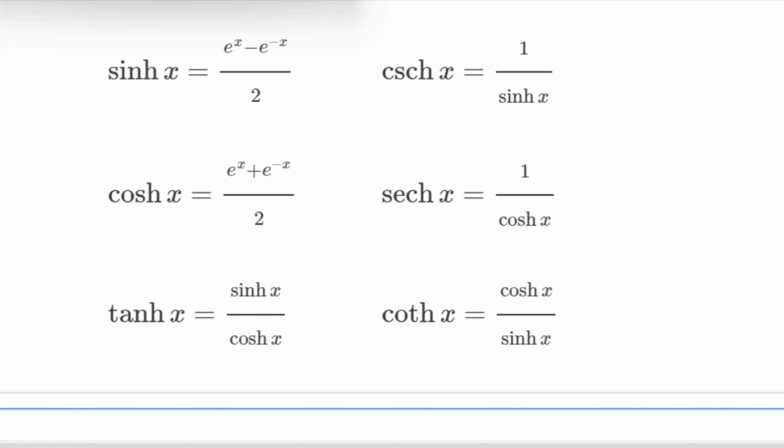That's where the basis of them is. So when we're looking at the hyperbolic trig functions, sine h, cosine h, tangent h, they aren't based on a unit circle. They're based off of a hyperbola, which is really confusing and crazy.